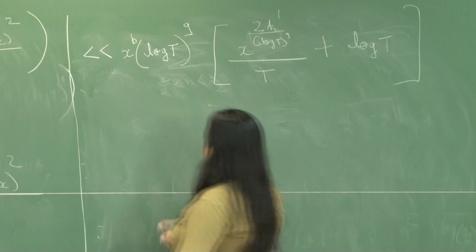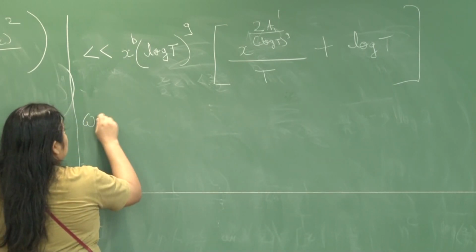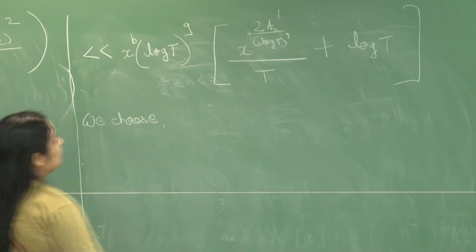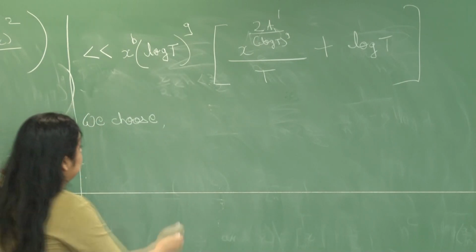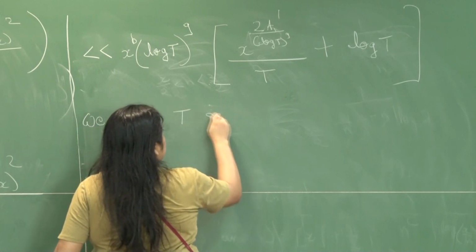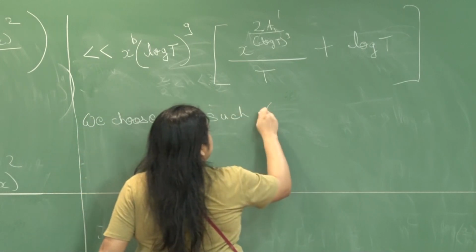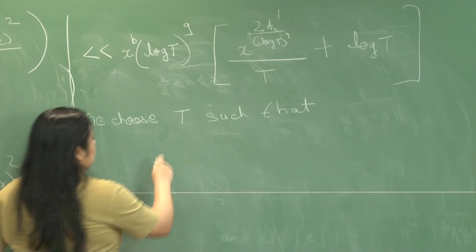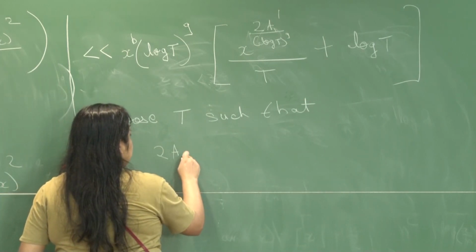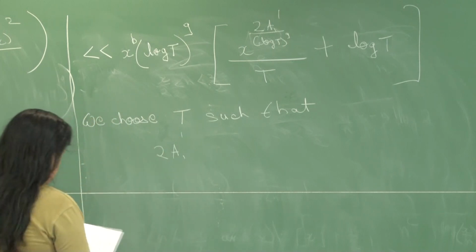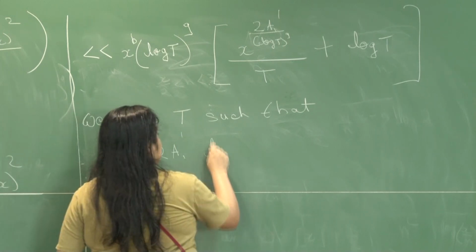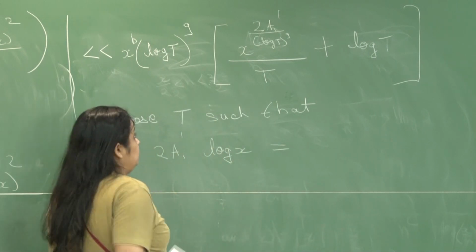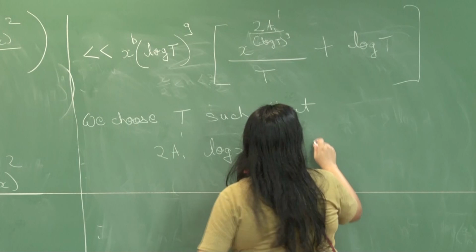So what we now do is we choose t in such a way such that 2a1 prime times log x is equal to (log t) raised to the 10.